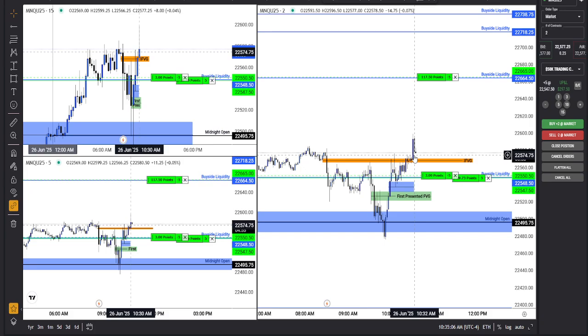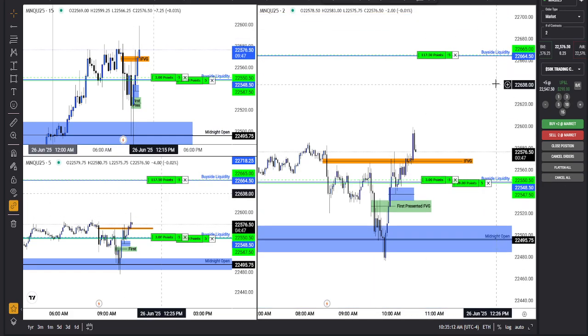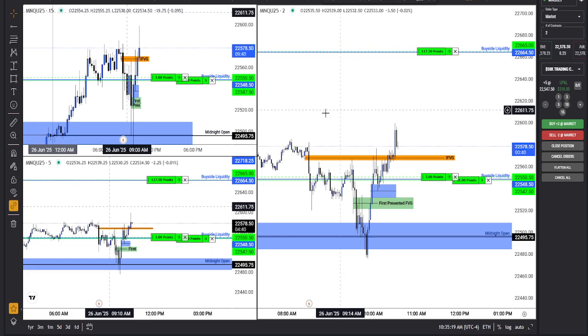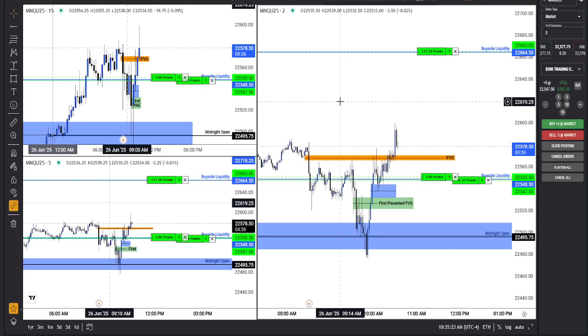Trading into this fair value gap. Let's see how it reacts. We took an inversion fair value gap. I want to see it gravitate higher and push the price higher.